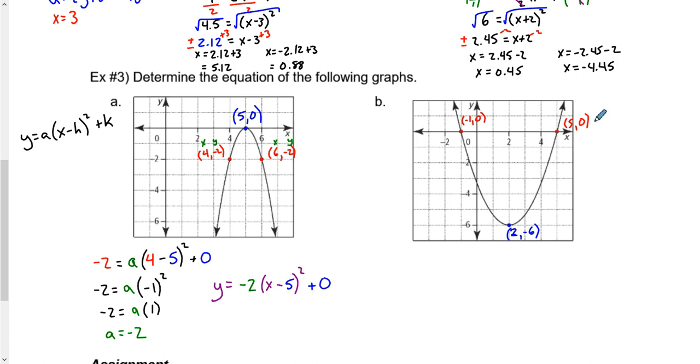I'll use this one. Let's see. So let's identify the vertex part first. So 2. Oh, that should be subtract 6.